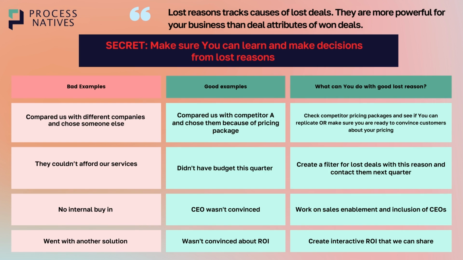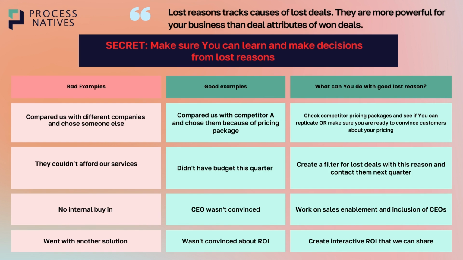A better example would be "compared us with competitor A," so we identify the company, "and chose them because of pricing package." So now we know what we should be doing. What can we do with this good lost reason? We can check competitor pricing packages and see if we can replicate them, or make sure that we are ready to convince customers about our pricing.